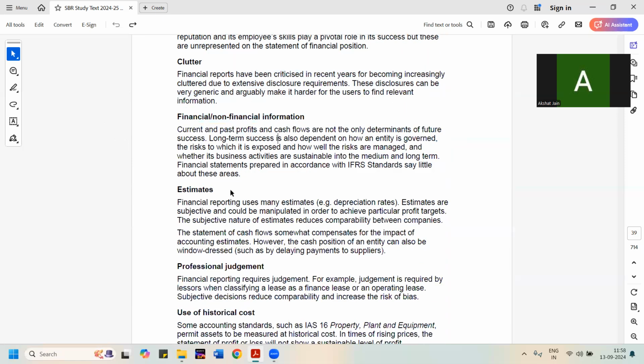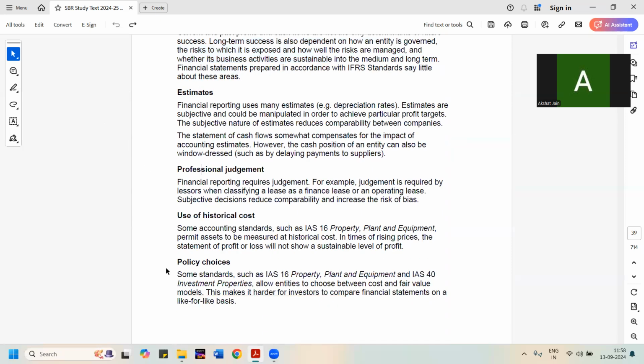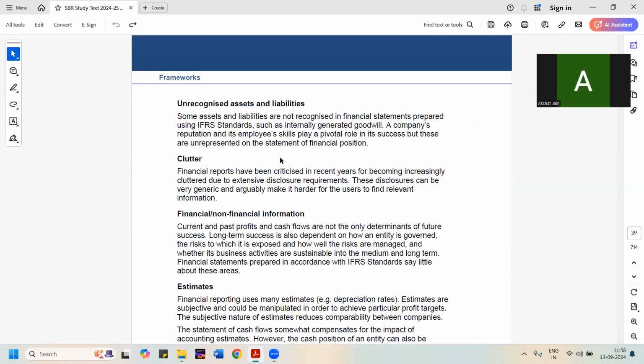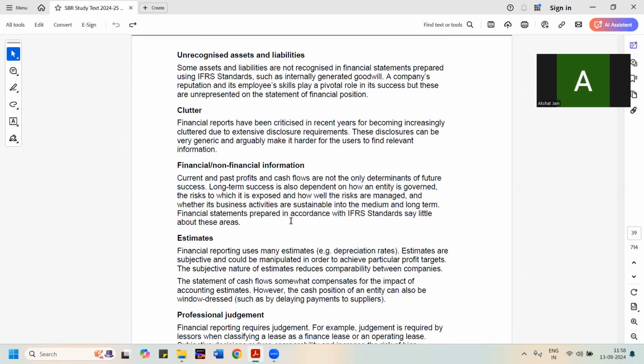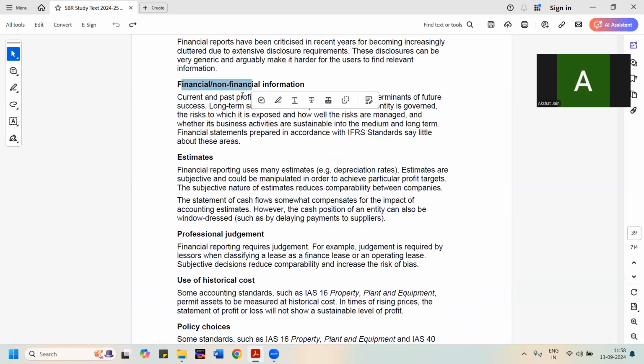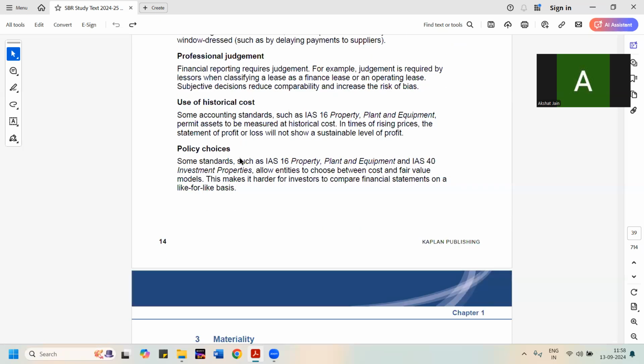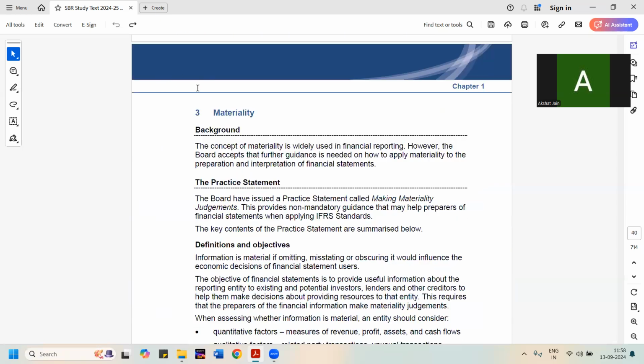Financial and non-financial information. Long-term success is, yeah, these are all valid points. Estimates, professional judgment, use of historical cost policy. But I think if we have reached this level, we will know by just reading the heading what this particular point will be saying. So let's not waste our time.